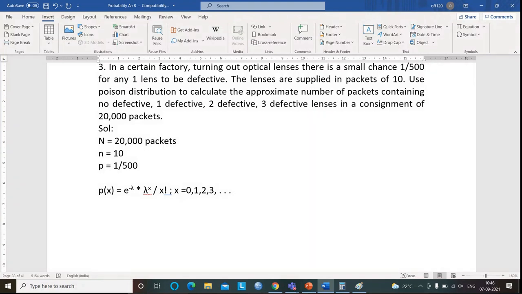That means it ranges up to infinite, out of which they are asking us to find out 0, 1, 2, 3.